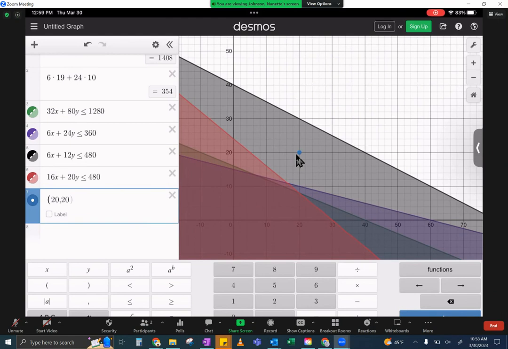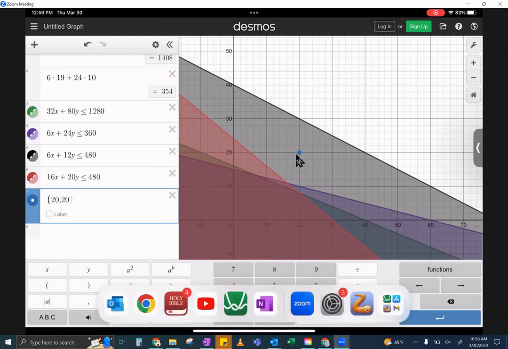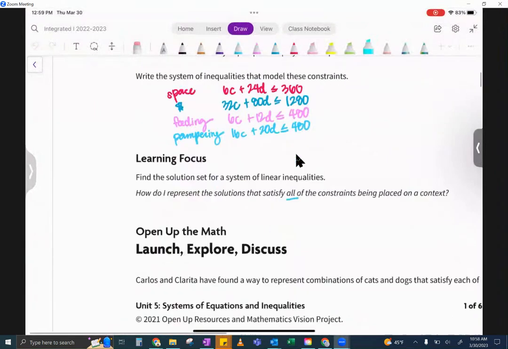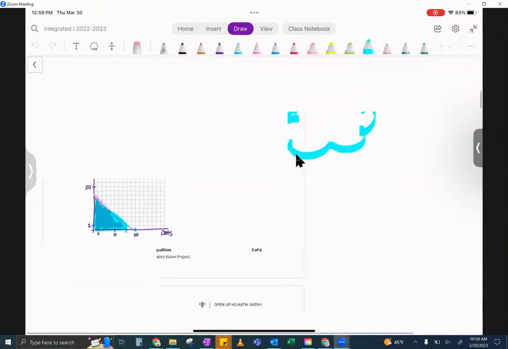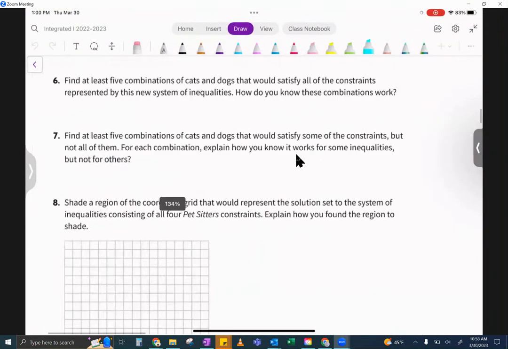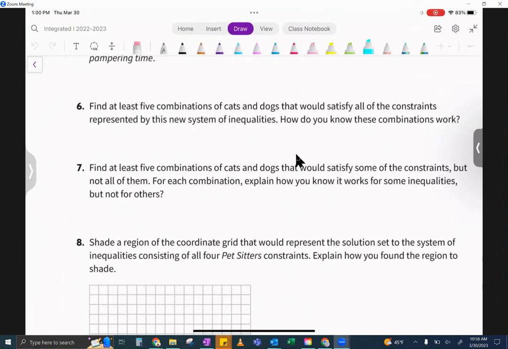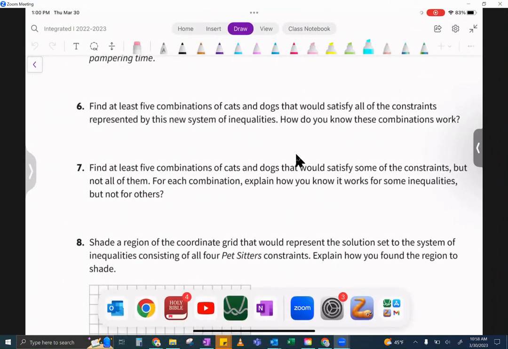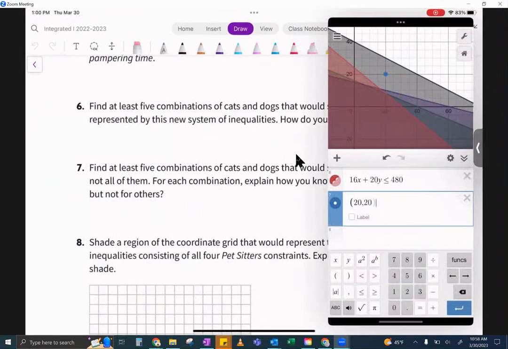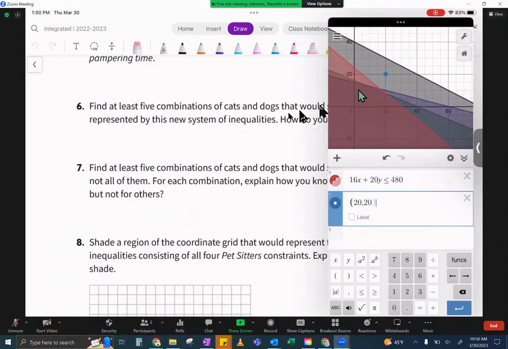Do you all see this point right here? What would happen algebraically? Would it fall under 6 or would it fall under 7?